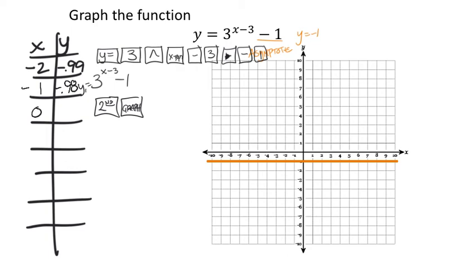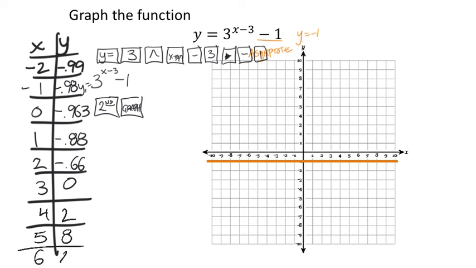Then I got 0 and -0.963, 1 and -0.88, 2 and -0.66, 3, 0. So there's a nice one I can put on the graph. 4, 2. Now I've got to scroll down on my table so I can see more values. When I do, it's showing 5, 8, and then 626. I can't fit that 626 on my graph, so I'm just going to graph what I have here.